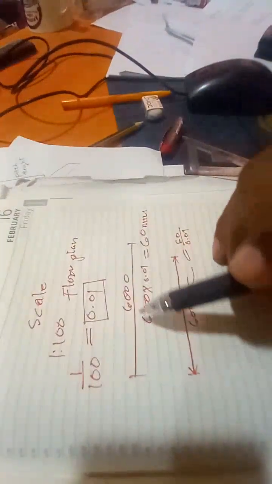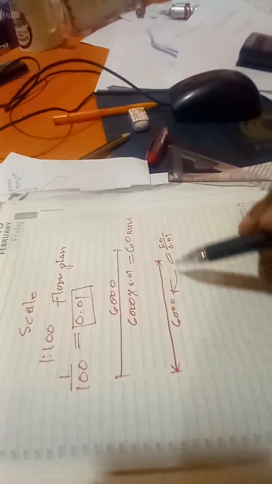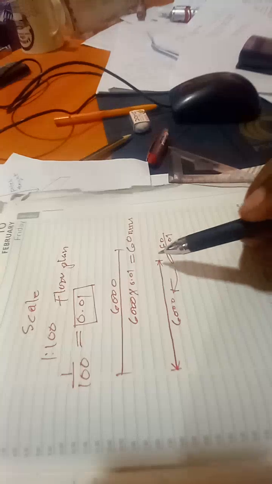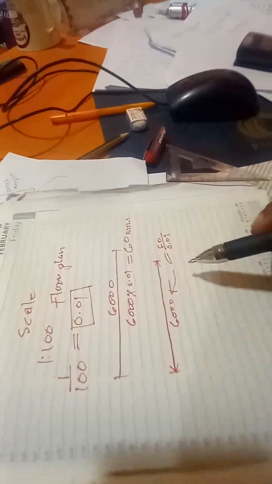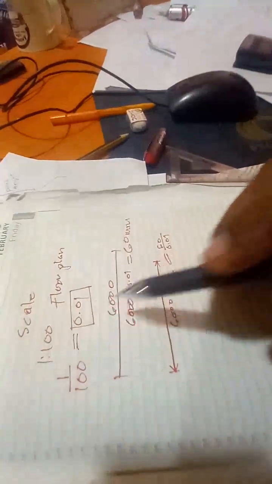For example, multiply 6,000 by this, and this is the scale dimension. To confirm it, you get the ruler and measure from here to here and it gives you 60 mm, which is 6 centimeters. Then to confirm this is actually 6,000, you divide 60 by 0.01 and get 6,000.